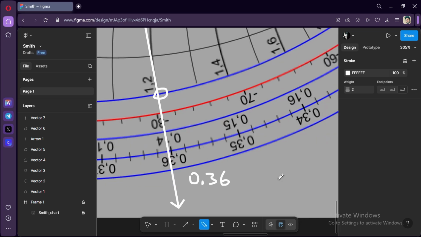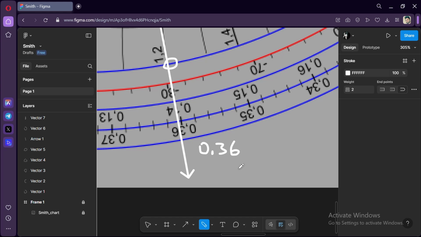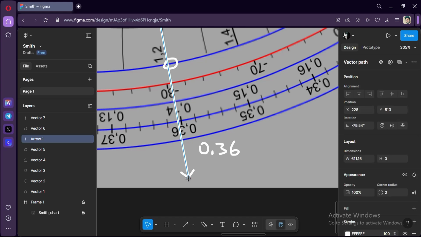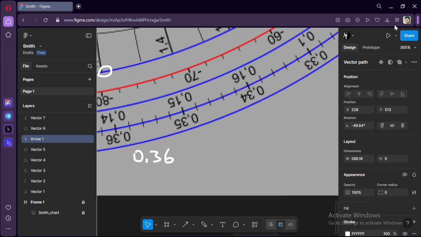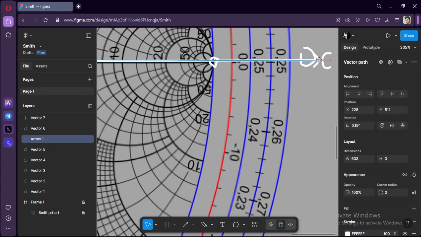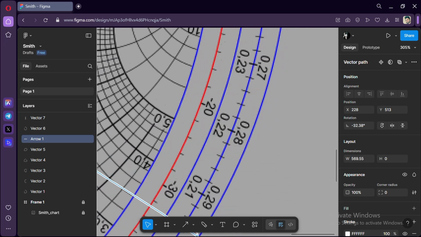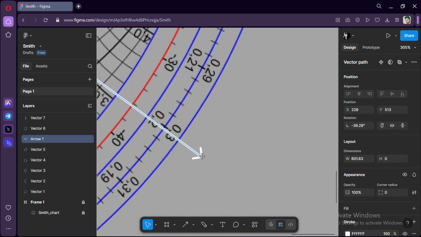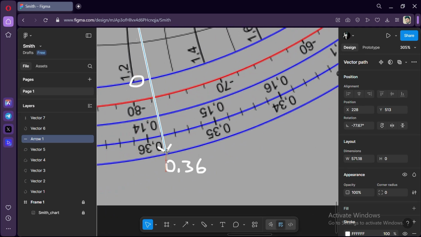Also, we already know this one is 0.25; I'm taking the outer values. It is increasing, so up to 0.36.